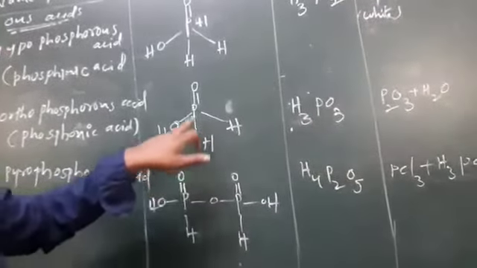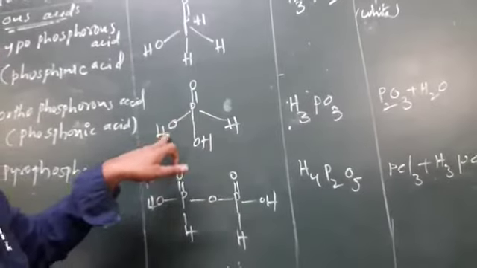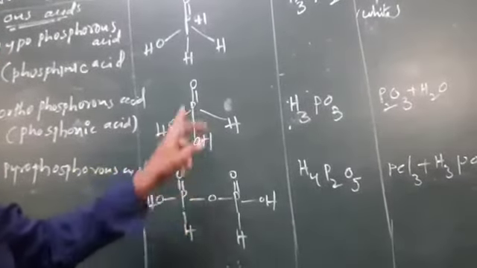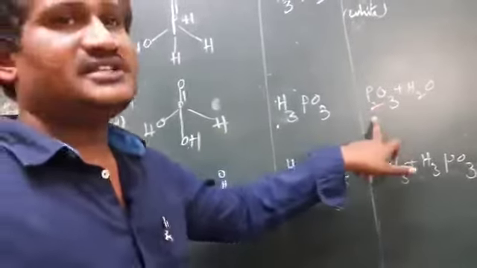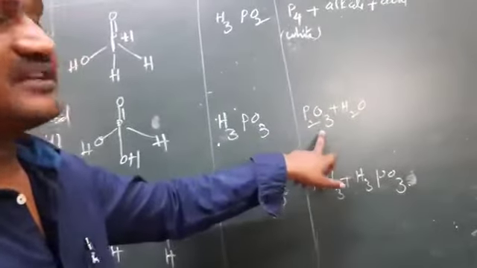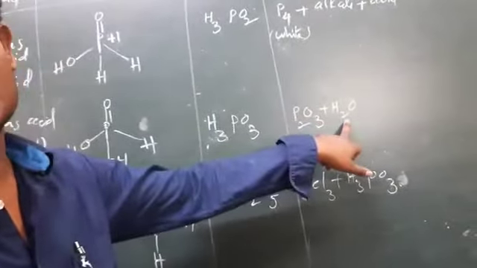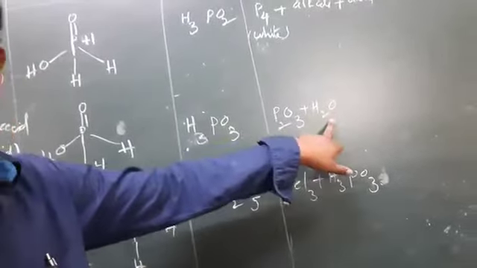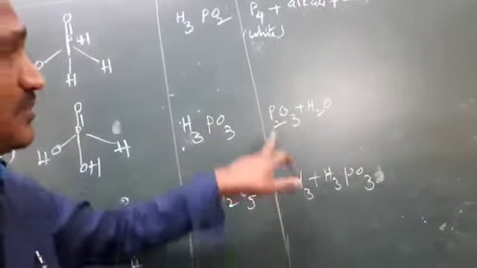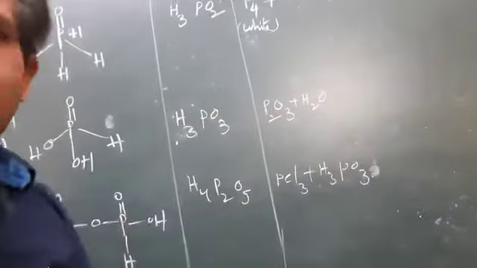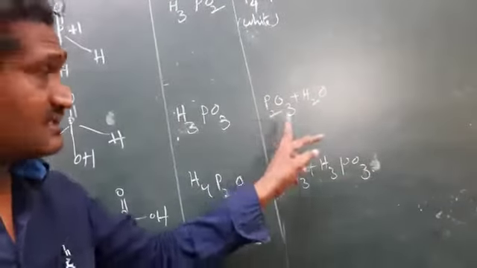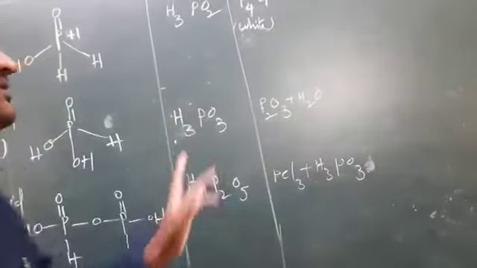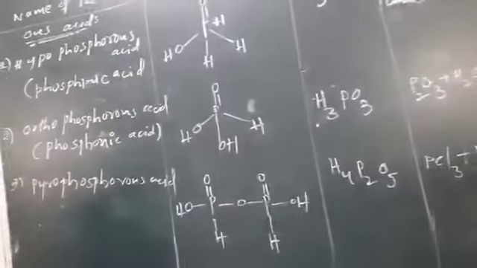Its structure has two POH bonds, one PH bond and one P double bond O. It is prepared by the hydrolysis of phosphorus trioxide, or otherwise by the hydrolysis of PCl3. So we get orthophosphorus acid.